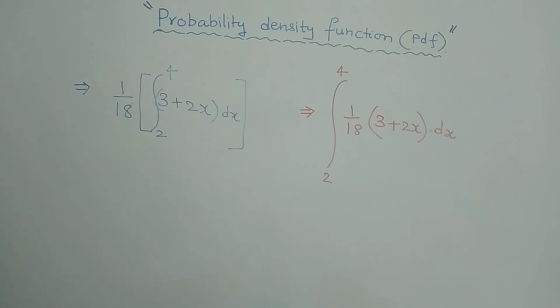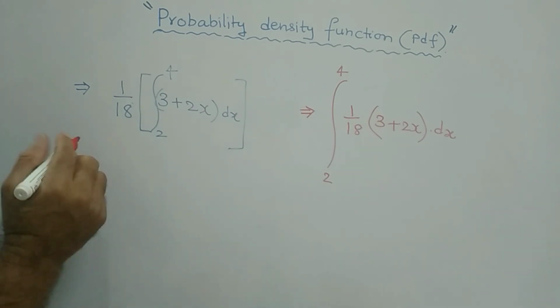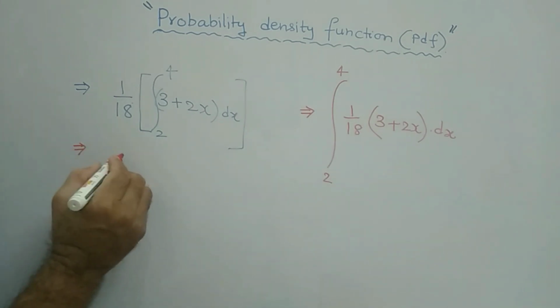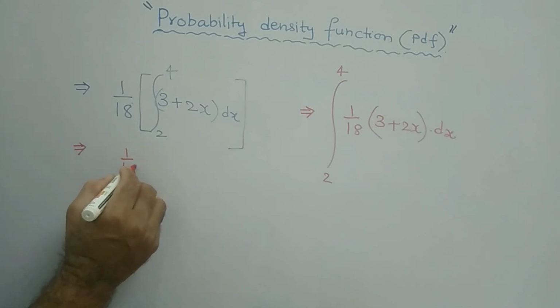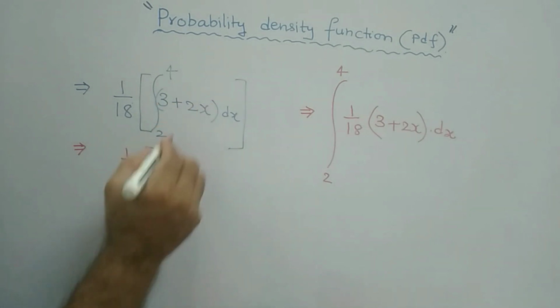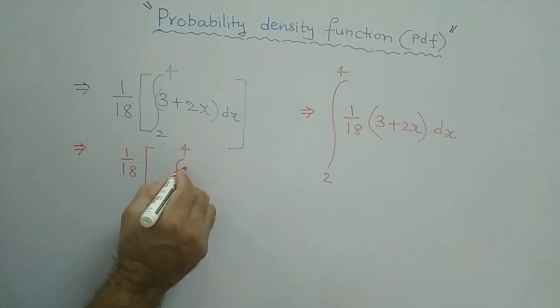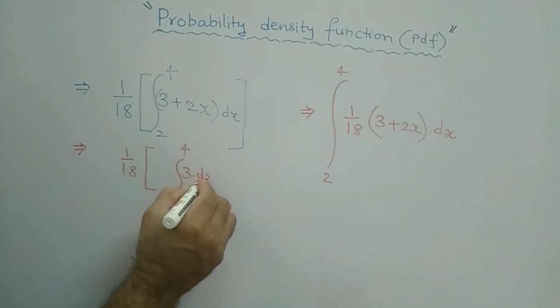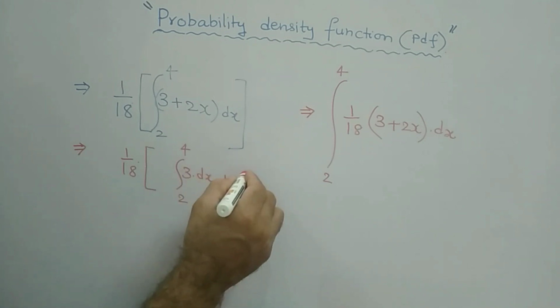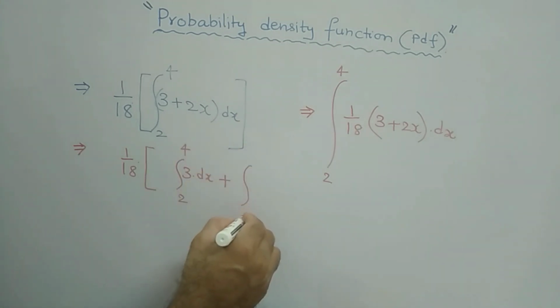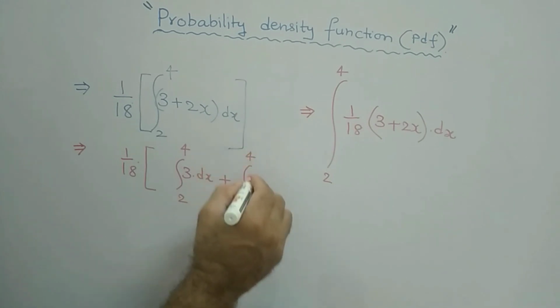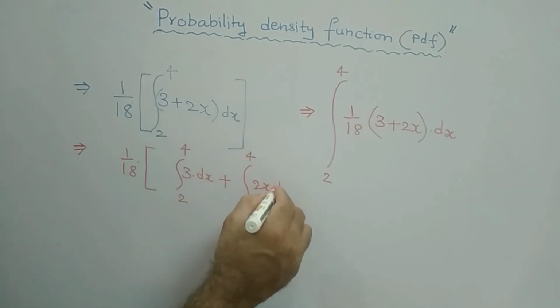And this is equal to 1 by 18. You can separate it: integral 2 to 4 of 3 dx, plus, individually, integral 2 to 4 of 2x dx.